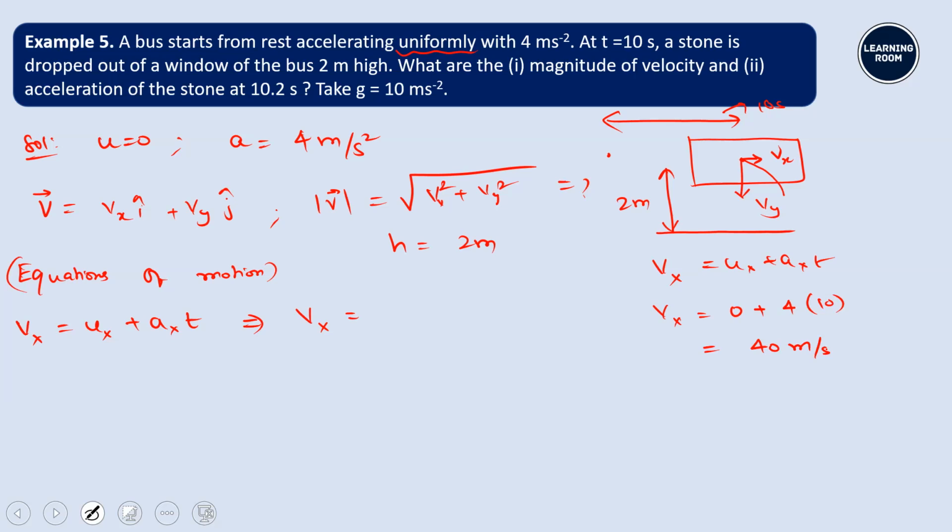This means at the time the stone was dropped, at 10 seconds, the bus had a horizontal velocity of 40 meters per second. That will be the initial velocity for the next 0.2 seconds. So I call this Vx dash is equal to ux dash plus ax dash into t.